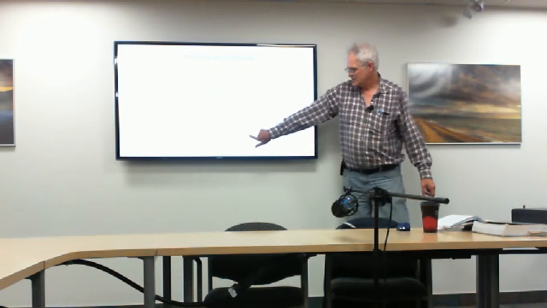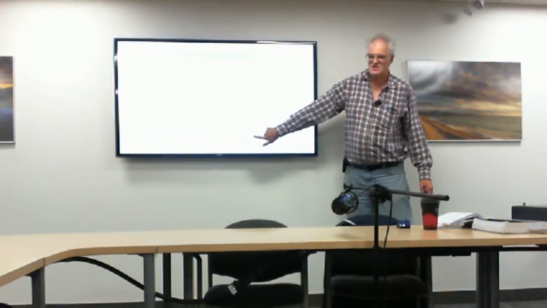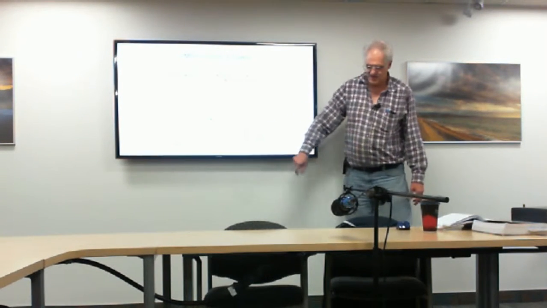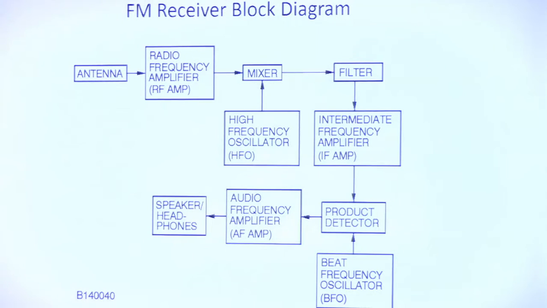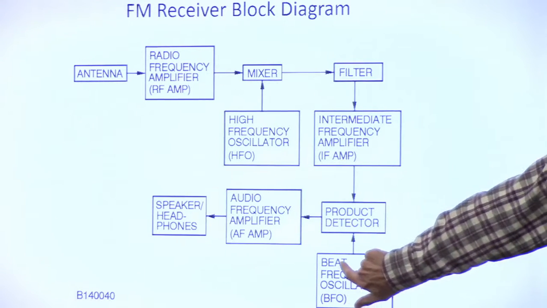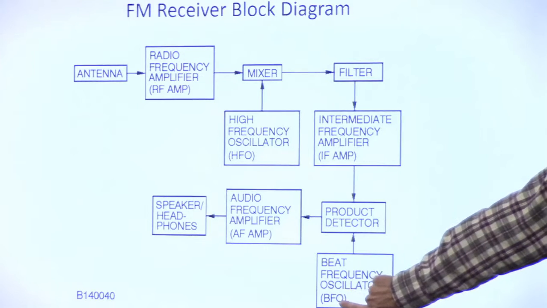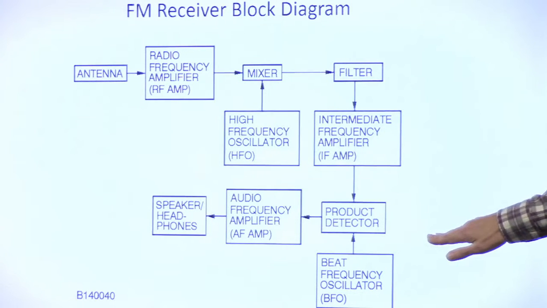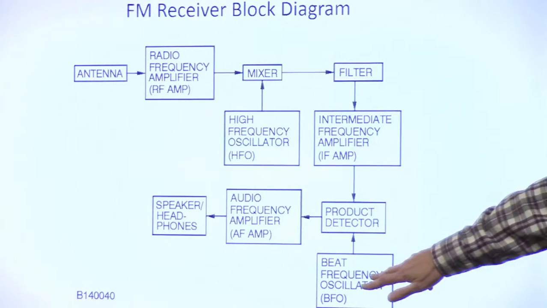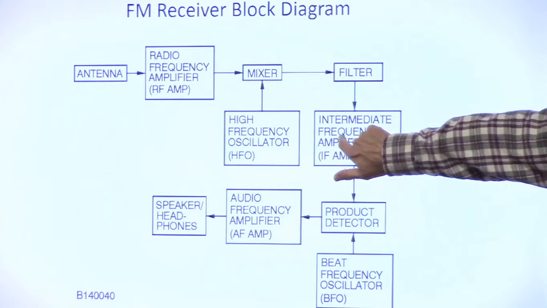So what we introduce is a beat frequency oscillator. Typically for CW, the normal is about 800 hertz, a nice tone that generally people like to hear. So you have this beat frequency oscillator, or BFO, running at about 800 hertz different than our IF frequency.